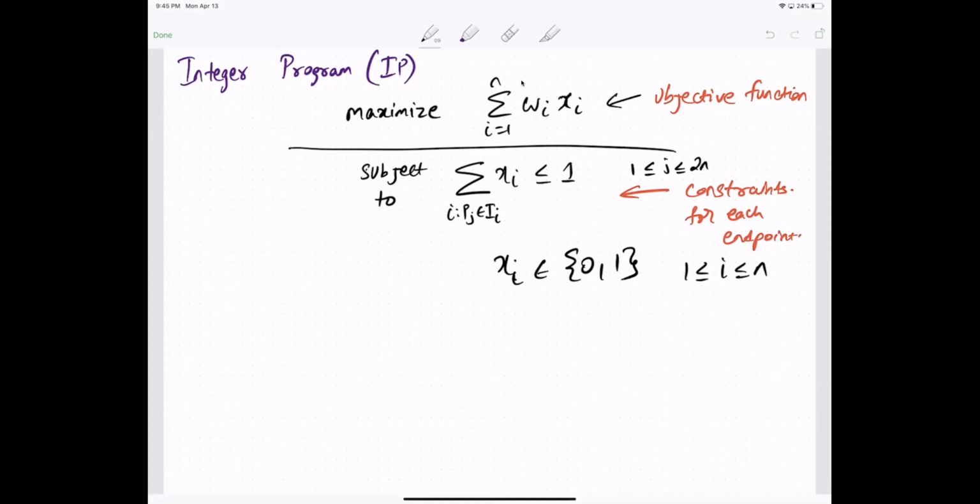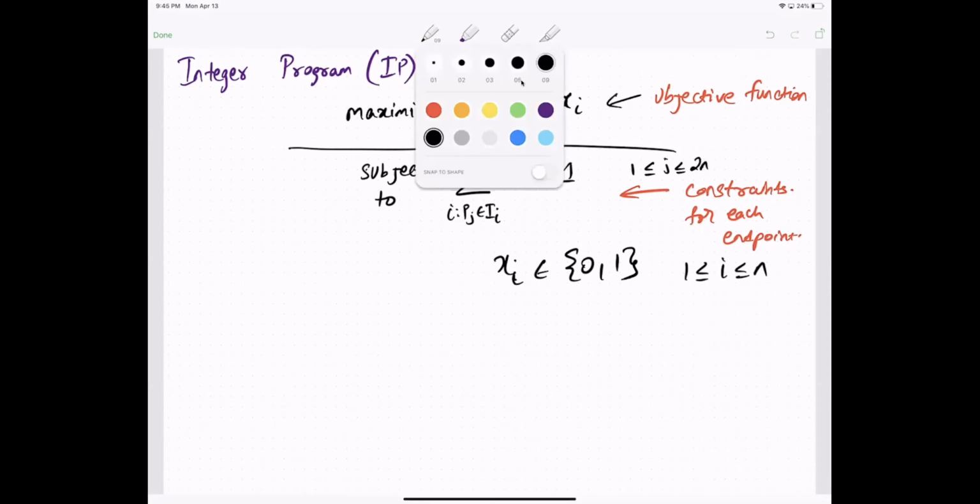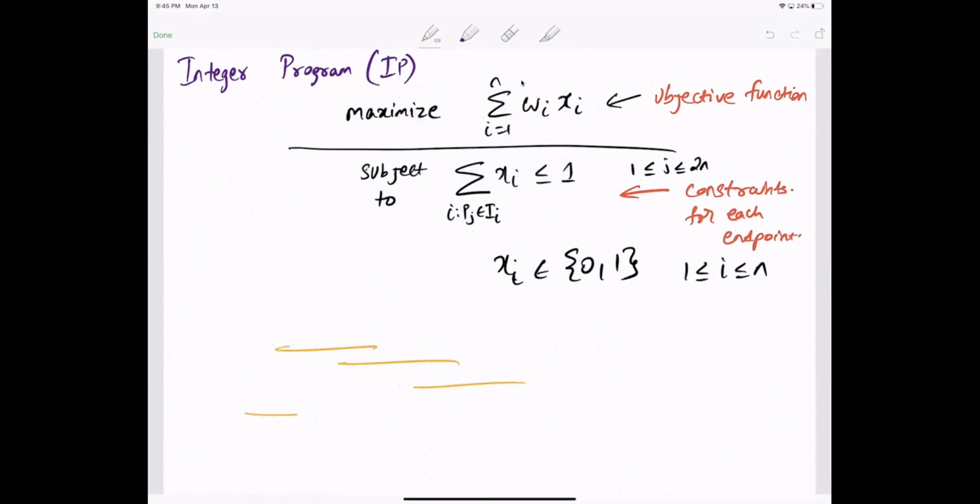Okay, and now this is the interesting one, the constraint that we have written for each endpoint. What are we saying? We are given this collection of intervals here. If I pick any endpoint here, in the final solution, if you look at this point Pj, the number of intervals that intersect it should be either 0 or 1, not more than that.